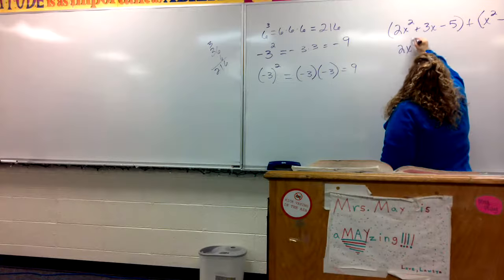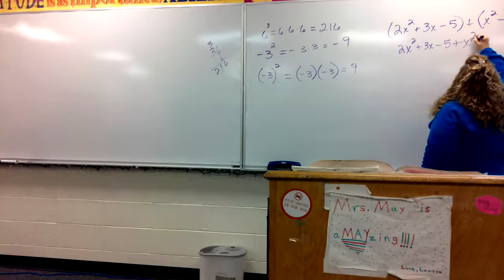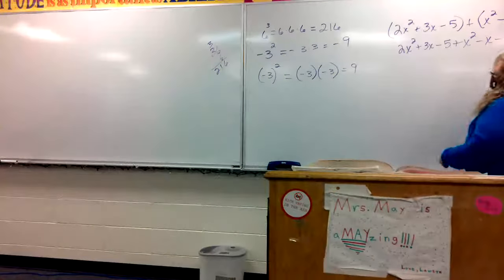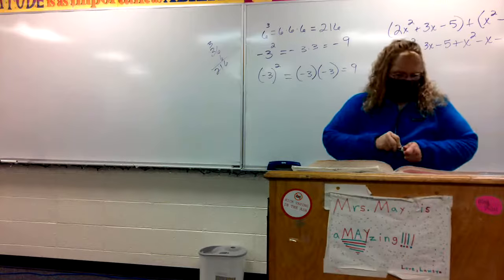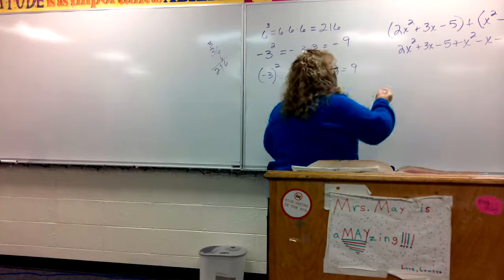You don't need parentheses. Plus x squared minus x minus 7. And then all you really need to do is combine the like terms.